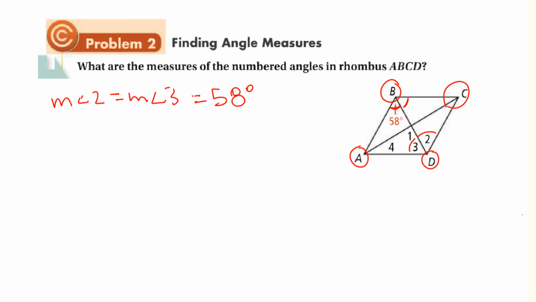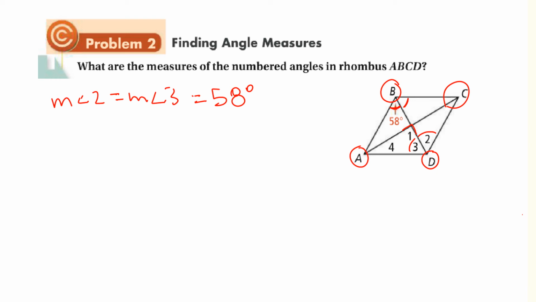Now let's take a look at angle 1. Angle 1 refers to the intersection point of the two diagonals, right here. What do we know about the intersection point of the diagonals of a rhombus?